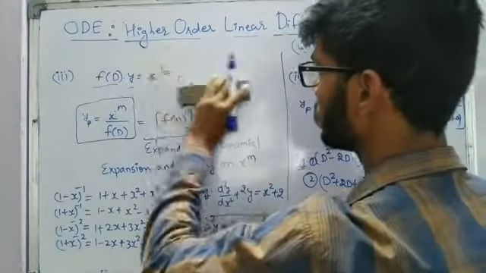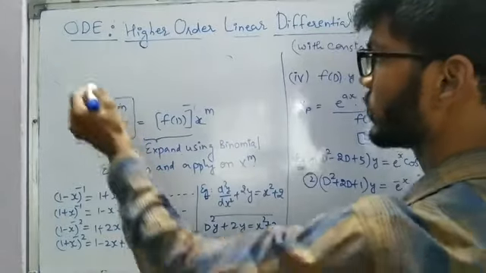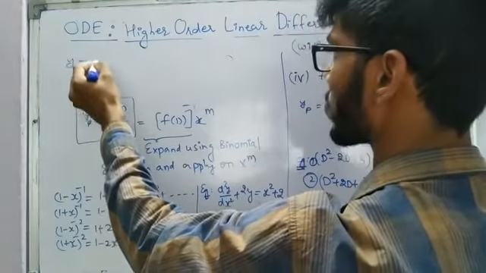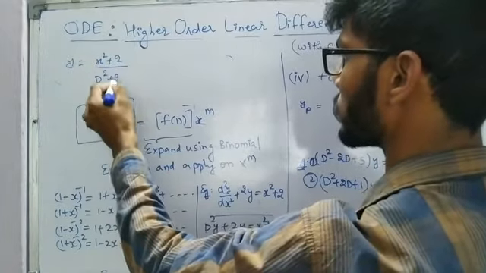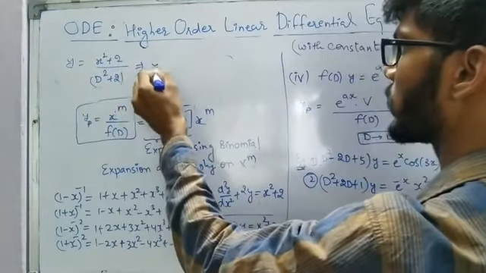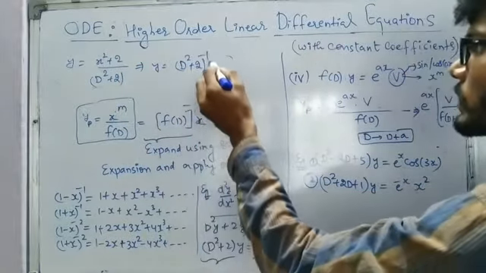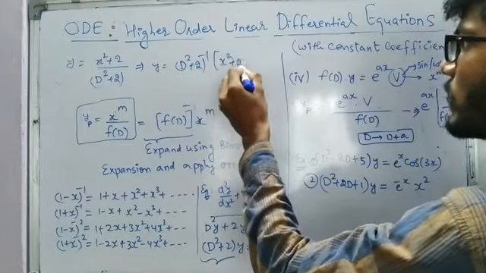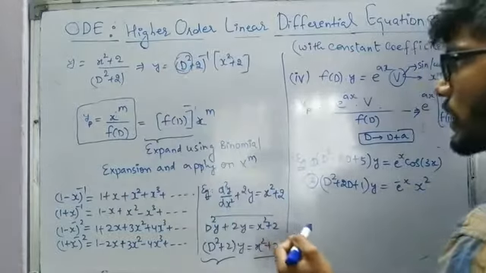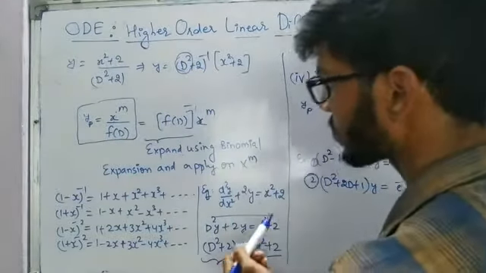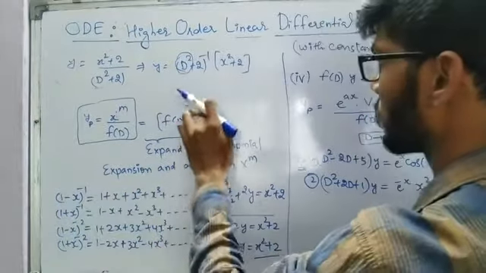What we have to do now is write this f of D first. So we have y is equal to (x square plus 2) divided by (D square plus 2). So this f of D we have to take in the numerator and write it like an inverse, (D square plus 2) whole inverse, and we have x square plus 2 in the multiplication. First we have to take 2 outside, so that this will become something like 1 plus.